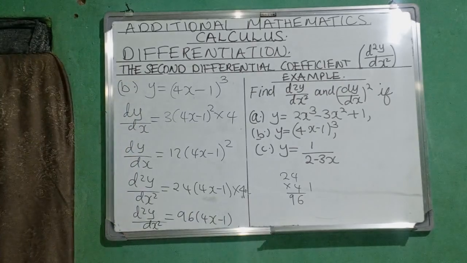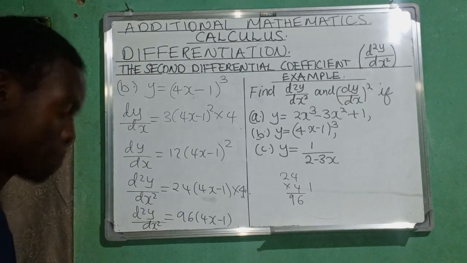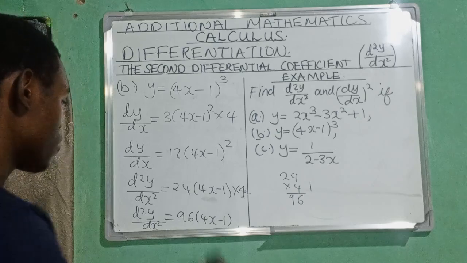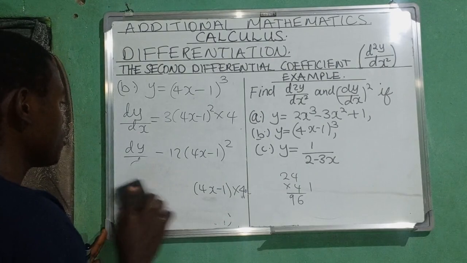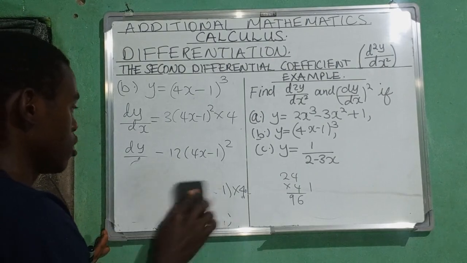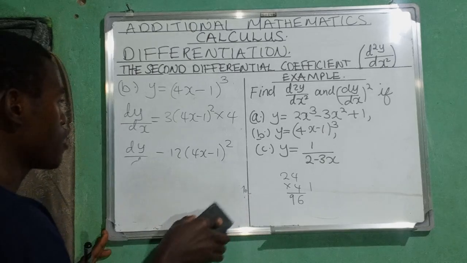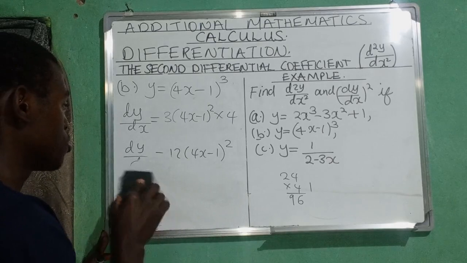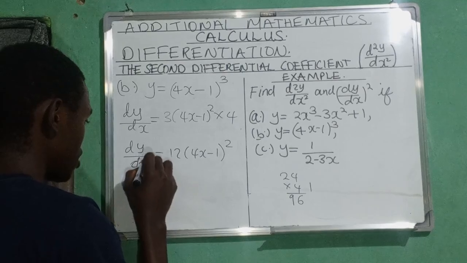So that is your d2y/dx2. This is your final answer, 96 multiplied by (4x minus 1). So this right over here is your dy/dx. This answer that we found here is your dy/dx.